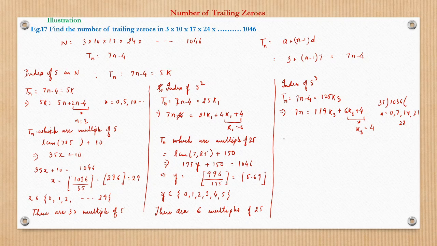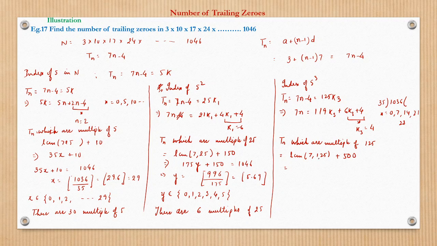right? So the Tn, which are multiples of 125, is nothing but LCM of 7 and 125, plus we will substitute k3 is equal to 4 here, so 125 into 4 becomes 500, right?